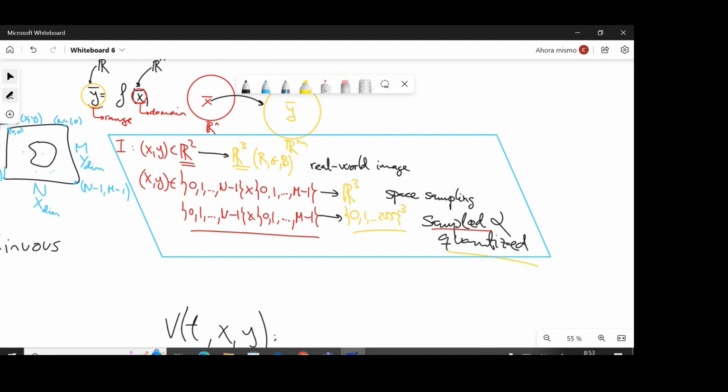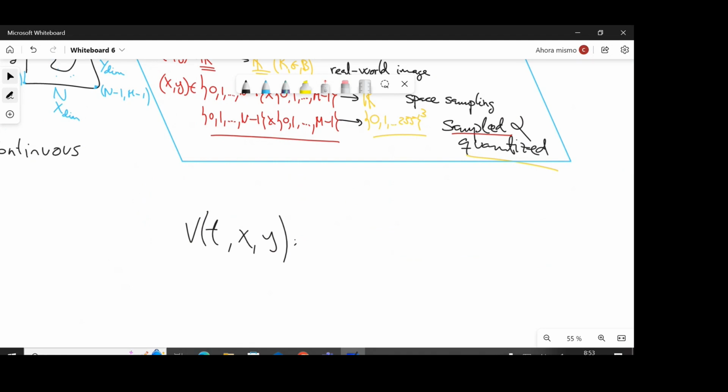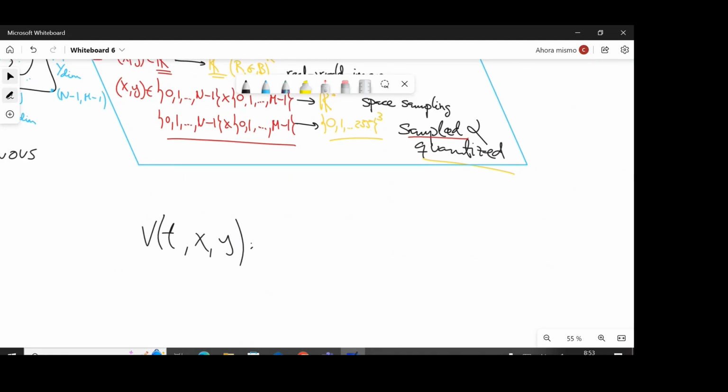So all these differentials, even if you think that differentials and integrals are more difficult operations, are actually simpler than sometimes the summations. So in general, I will refer to continuous images. So this is a video.